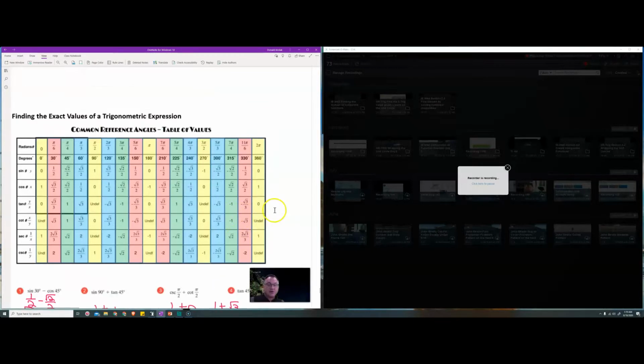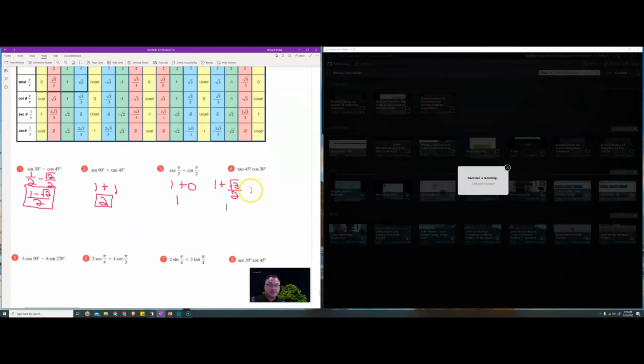Alright, now in order to add these, you've got to get a common denominator. So my common denominator is going to be a 2. So in order to turn this into a 2, I've got to multiply top and bottom by 2. And the top becomes 2 times 1. And there's my exact value.